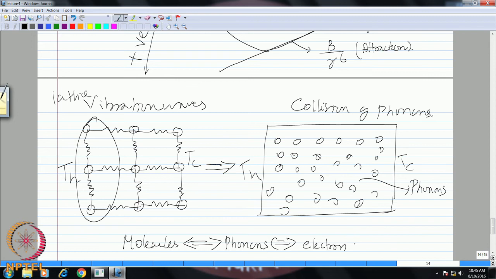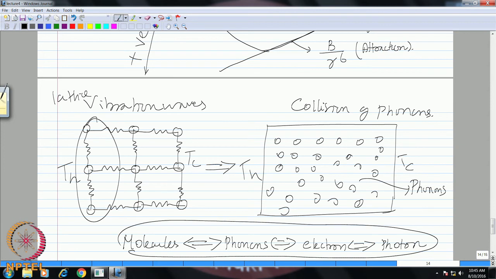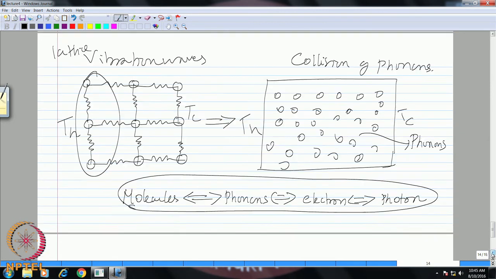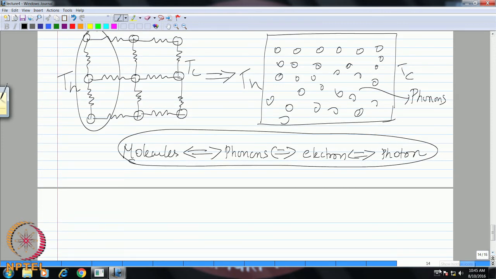And when you are talking about thermal radiation, or any electromagnetic radiation, you have the equivalent picture of photon gas. So, all these are like particle pictures. We will look into each of them in detail.